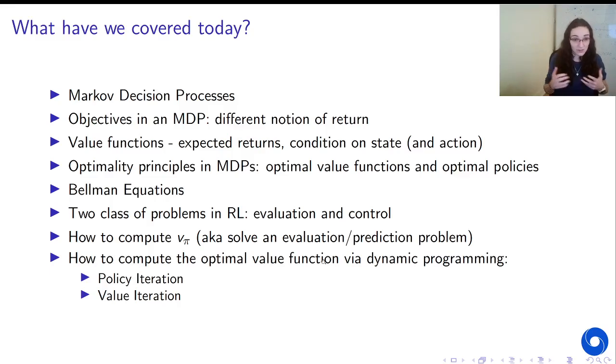And we've seen in the last half how to compute the value associated with an arbitrary policy pi, solving the prediction or evaluation problem via a system of linear equations, or iteratively via iterative policy evaluation.